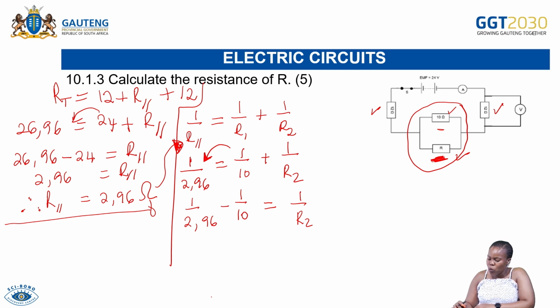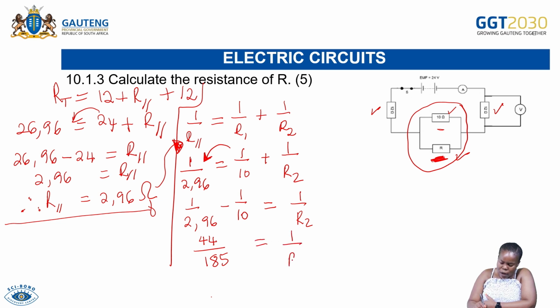So what is 1 over 2,96 minus 1 over 10? It's going to give me 44 over 185, and I want it like that because it is given in a fraction form, is equals to 1 over R2, because this side is given in a fraction form.